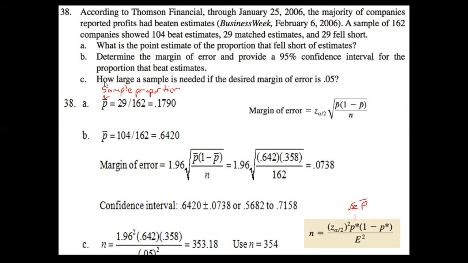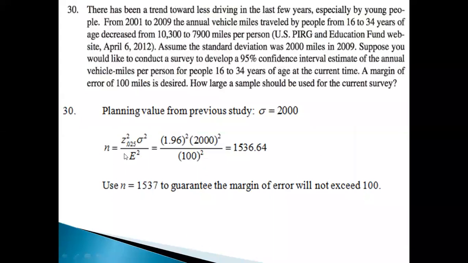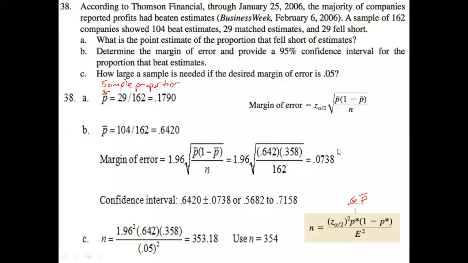Now, part C, how large a sample is needed if the desired margin of error is 0.05? Well, margin of error 0.05, so that's going to be our E, so that's going to be in the denominator squared. And now we just have to use this equation because we have the proportion instead of the previous one, which was using just the means and stuff.